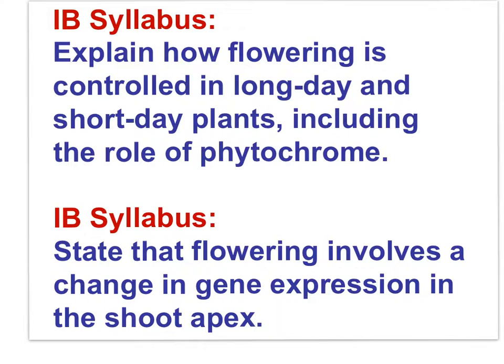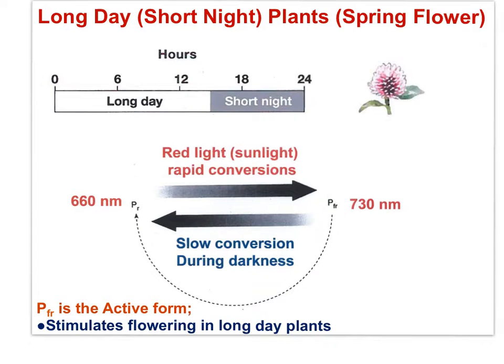Let's take one more look at long day and short day plants. Long day plants will flower when the day length exceeds night length, and sufficient phytochrome red is converted to phytochrome far red to stimulate flowering.